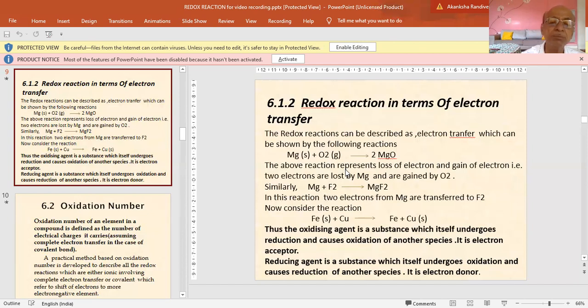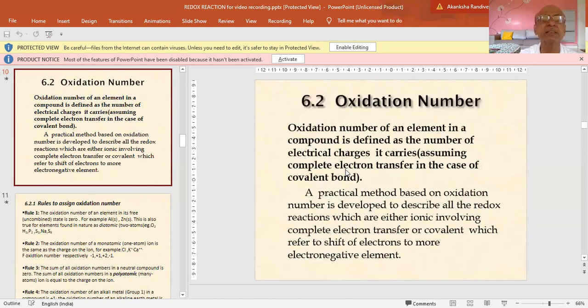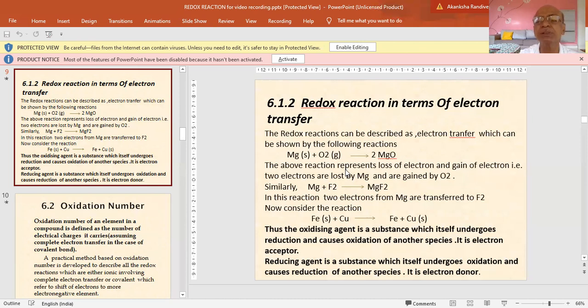So in brief, the oxidizing agent is an electron acceptor and the reducing agent is an electron donor. Okay? So these are the classical ideas of oxidation and reduction we have explained.